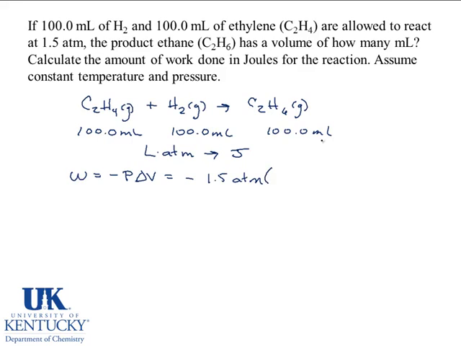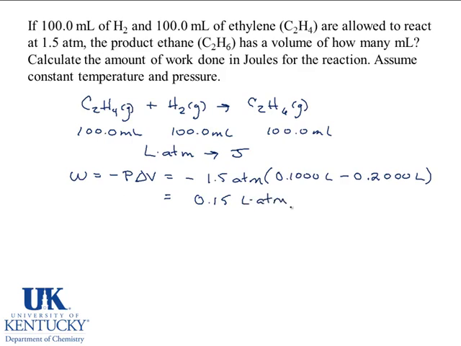So final, that's product. I have 100 milliliters of gas, that would be 0.1 liters. And I initially started with 200 milliliters or 0.2 liters. Now, when you multiply this out, you're going to get 0.15 liter atmospheres.